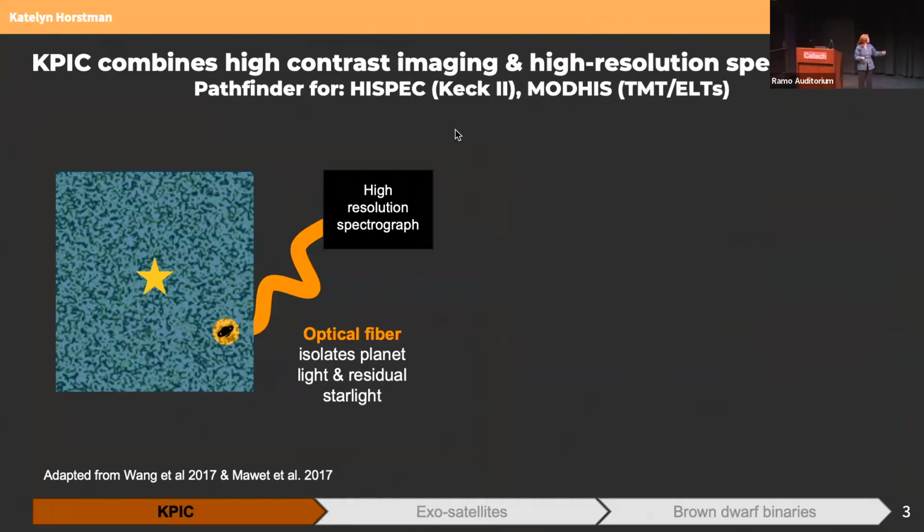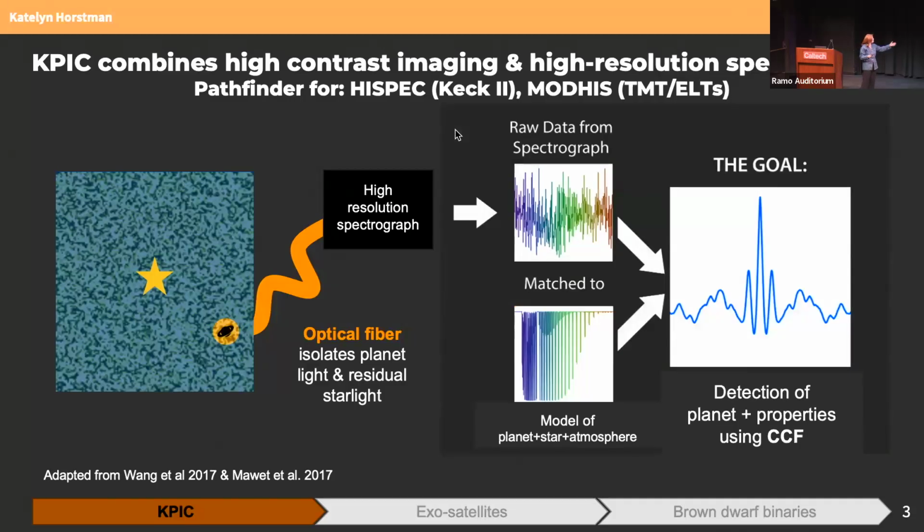In this case, this is NIRSPEC at the W. M. Keck Observatory that has a spectral resolution of about 35,000 in K-band. Once we have that planet light, we have raw data and a model of the planet light that we see, a little bit of residual starlight that leaks into the optical fiber, and the atmosphere of Earth. And we can make a forward model of the planet, star, and atmosphere and compare these two to get a detection of the planet and its properties using the cross-correlation function.